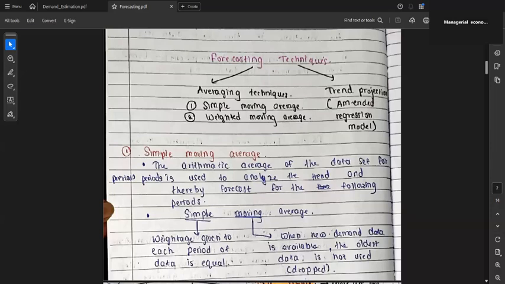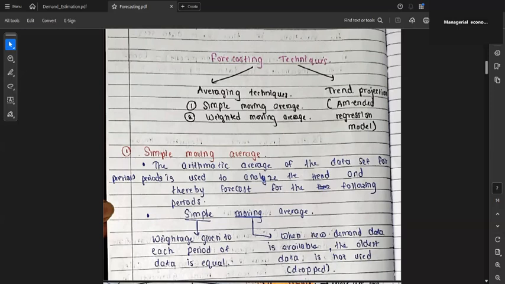Then you can easily forecast for the future periods by changing the value for term t, the factor t. Then the averaging techniques, the simple moving average and the weighted moving average.